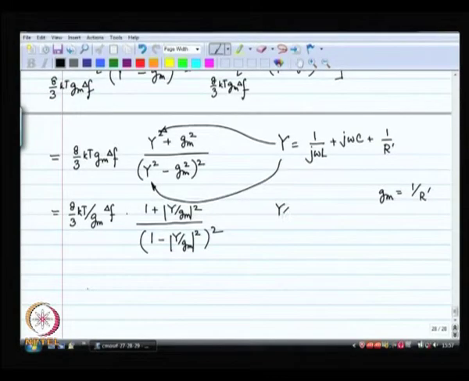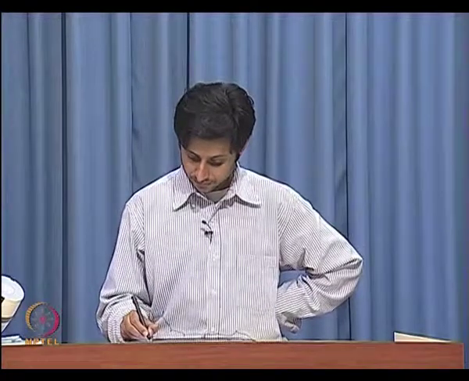So, this is what I have, y by g m is 1 plus a complex quantity, right. Now, at resonance this imaginary quantity is going to be equal to 0.